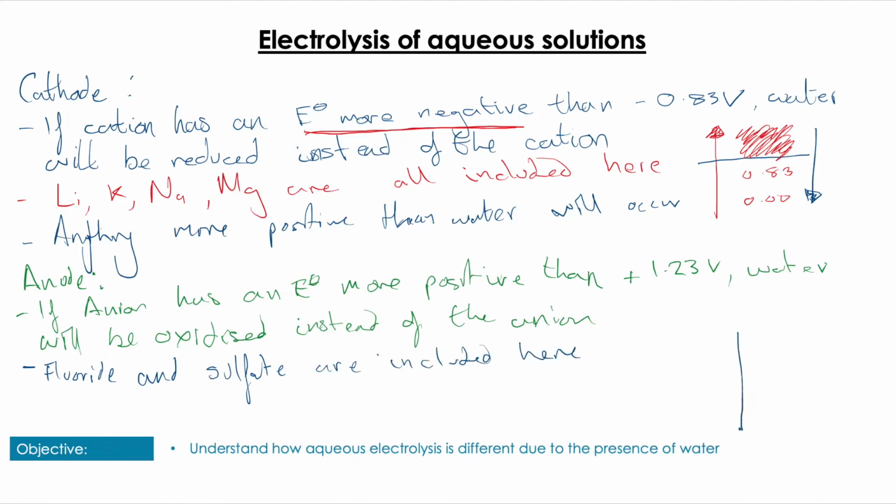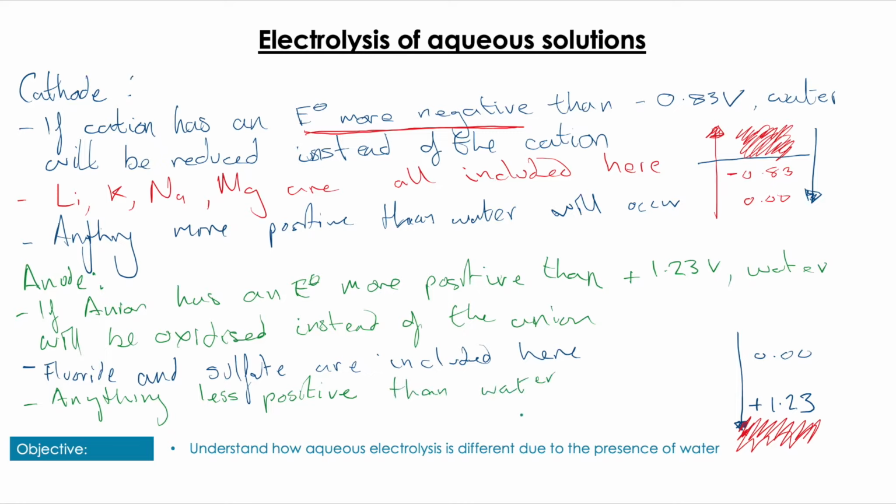They will not be oxidized because these are past the value of water. And all you have to do here is think, anything that has a higher value than plus 1.23 on your table will not be oxidized, but anything that has a more negative value than the water will be oxidized.